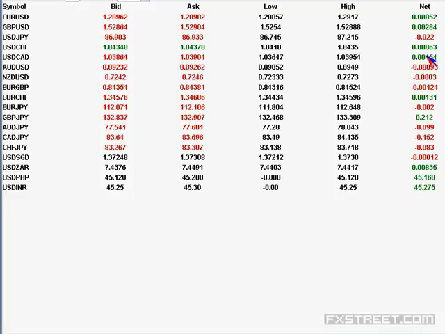Then in the case of commodity pairs, Canadian dollar is trading around 1.0386, 1.0390 area, and you find a 15 pips positive net change, which indicates that a USD gaining move is shown by Canadian dollar.